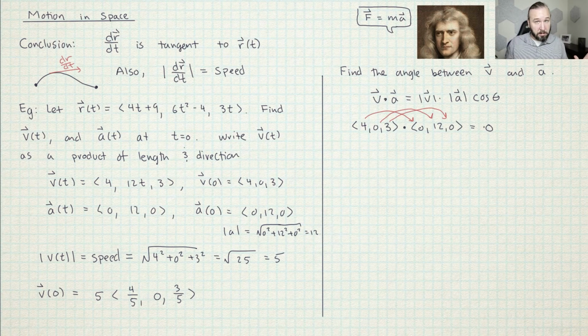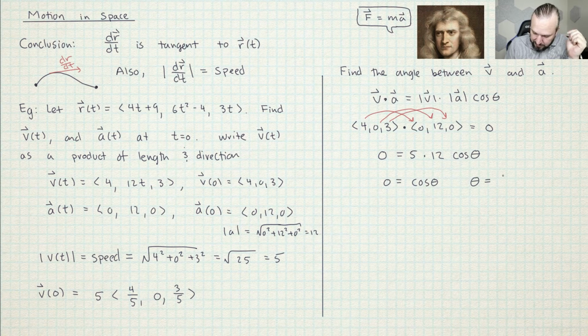So we're already done, right? We know that in this case, v and a are orthogonal vectors. But let me just write that down. Technically what we know right now is 0 is equal to 5 times 12 times cosine theta. So you divide both sides by 60. So 0 is equal to cosine theta.